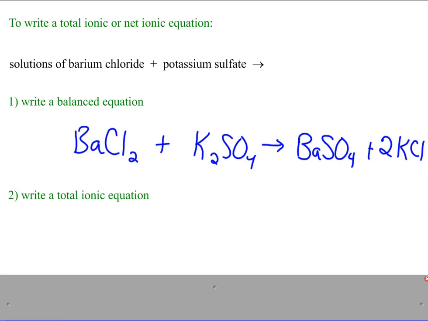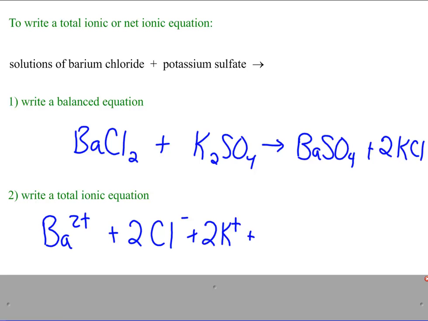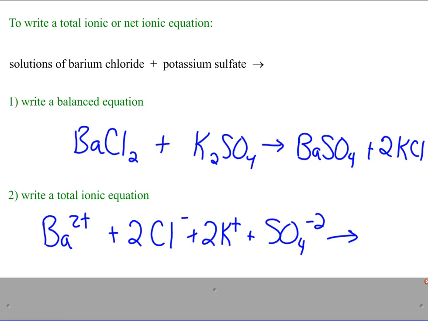Second step, I'm going to write a total ionic equation. So if I have a solution that is an ionic compound, I'm going to write that compound as ions in solution. So barium chloride is soluble, it's an ionic salt, so I'm going to write barium ions plus chloride ions, and I have two chloride ions, so I write them like that. I have two potassium ions, and I have a sulfate ion. So there are my reactants, and now I need to look at the products.